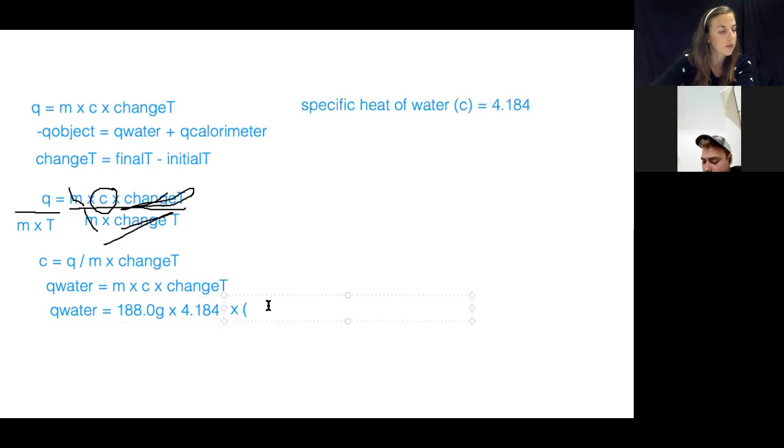The temperature of the water was 28 degrees Celsius. Yes. And then what was the initial temperature of the water? 23.5. Yes. So you're going to plug it in your calculator just like this. Let me know what you get.